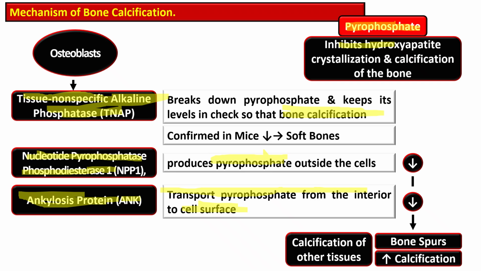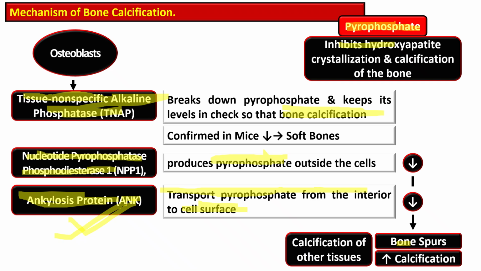Its deficiency also causes excessive calcification, especially in joints, and this ANK is linked to ankylosing spondylitis. So too much PPi, or pyrophosphate, inhibits bone hardening, which leads to soft bone or hypomineralization, while too little pyrophosphate leads to uncontrolled mineralization that results in bone spur formation or ligament calcification.